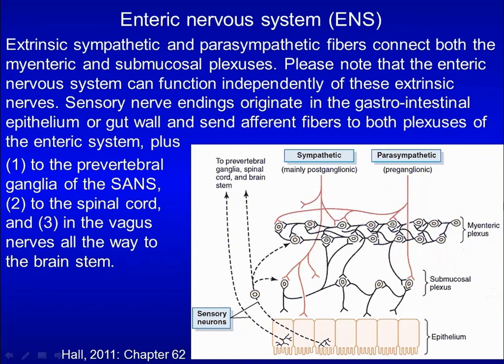Sensory nerve endings originate in the gastrointestinal epithelium and send afferent fibers to both plexuses of the enteric nervous system, plus to the prevertebral ganglia of the sympathetic nervous system, to the spinal cord, and in the vagus nerve all the way to the brainstem.